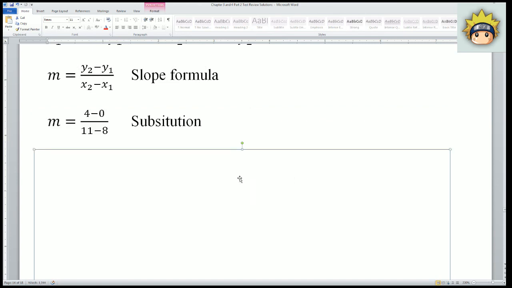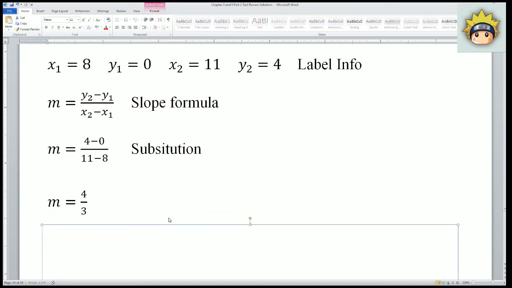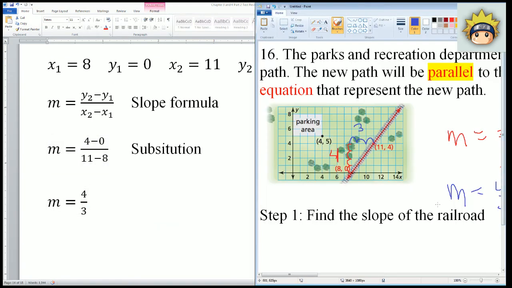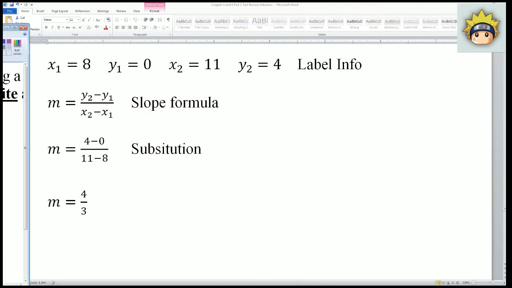This is just the formula notation. 4 minus 0, which is y2 minus y1, then 11 minus 8, which is x2 minus x1. Breaks down, 4 minus 0 becomes 4, 11 minus 8 is 3. So again, does that match up? 4 over 3, good, right? We did two different methods and we still got the same answer, so our slope must be correct.